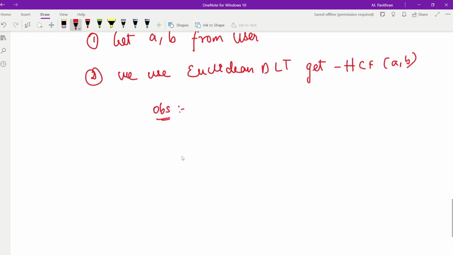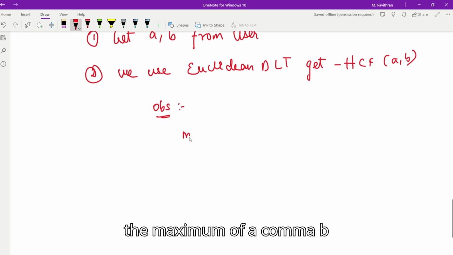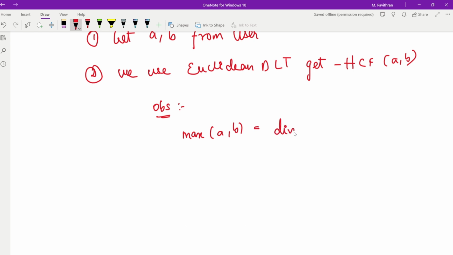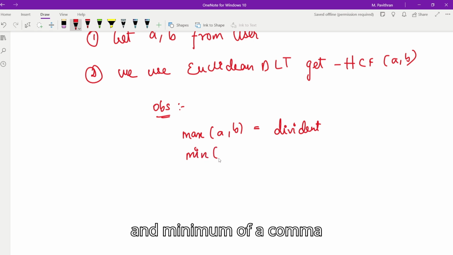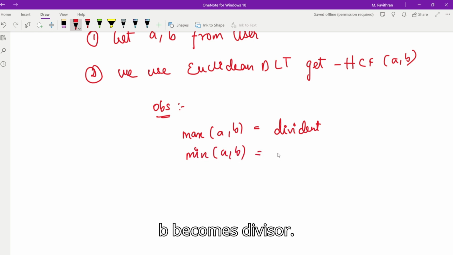The observations are the maximum of A, B becomes the dividend and the minimum of A, B becomes the divisor, right?